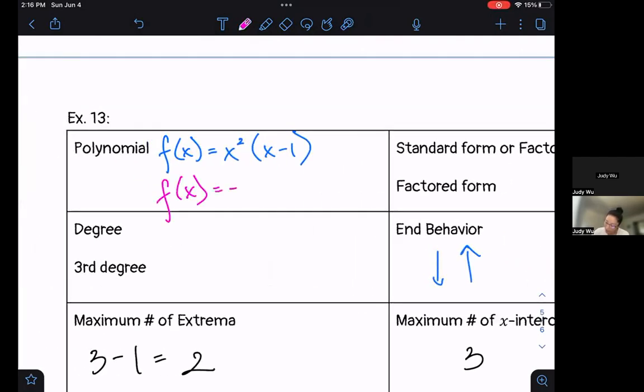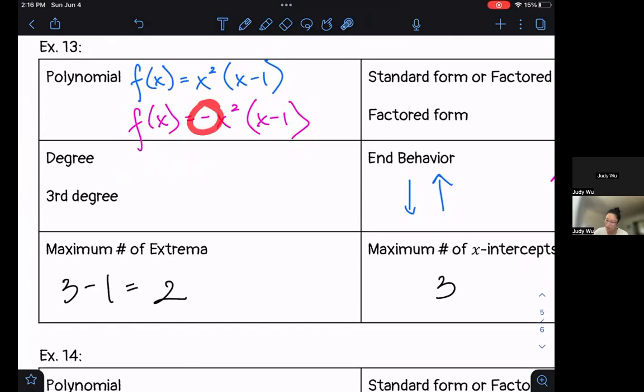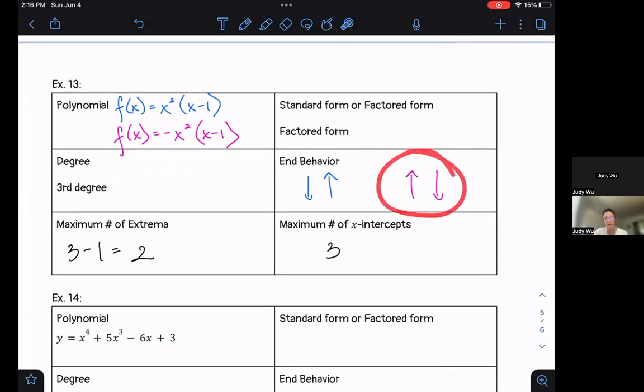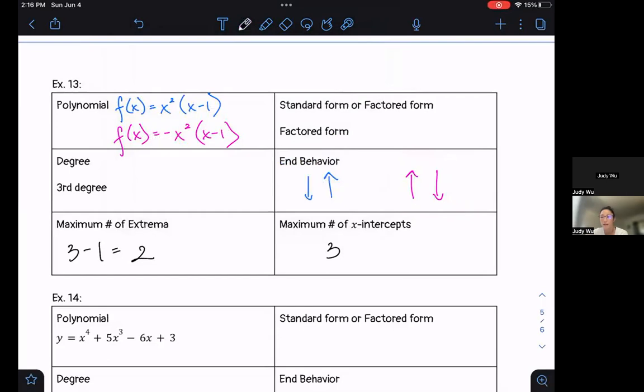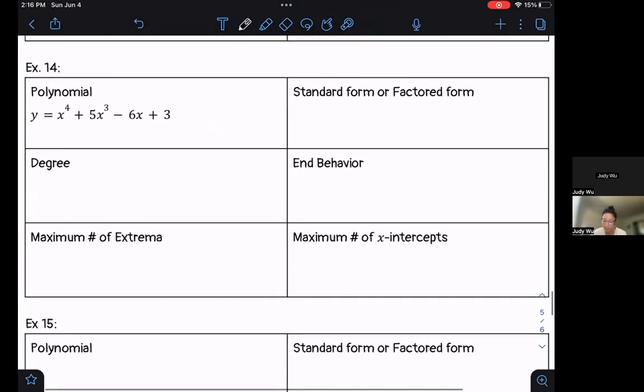I could just stick a negative in front of it. Now that negative right here means that my end behavior will be up, down. All right? So sometimes the hardest thing about these kinds of questions is knowing that there's more than one possible answer.